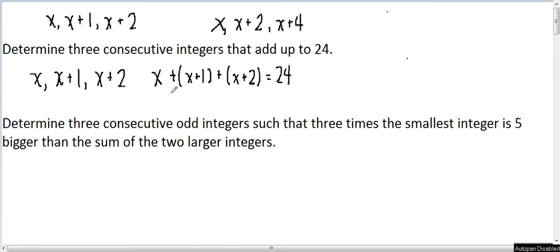Since we don't have any numbers in front of either parenthesis, we can go ahead and remove both sets of parentheses and combine the like terms together. We have x, x, and x. When we add them together, we get 3x. 1 plus 2 is equal to 3.